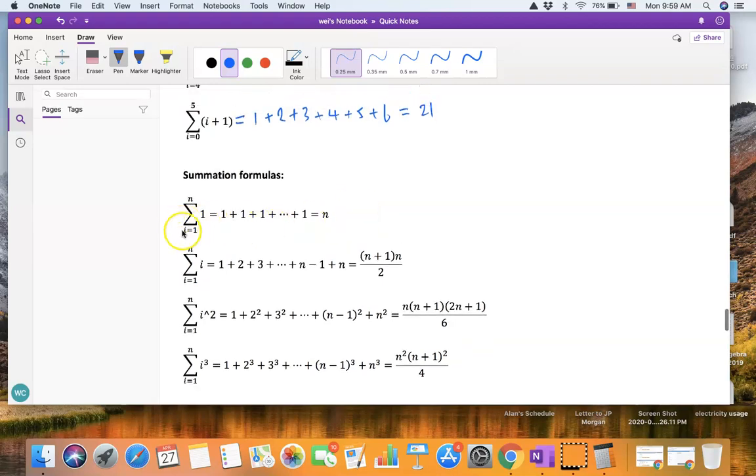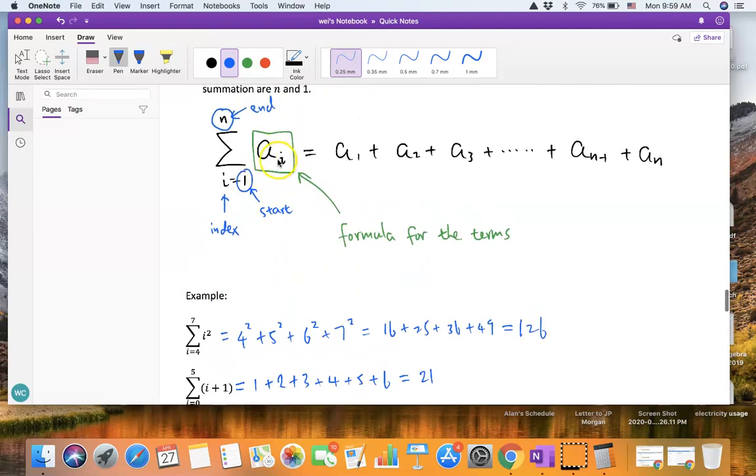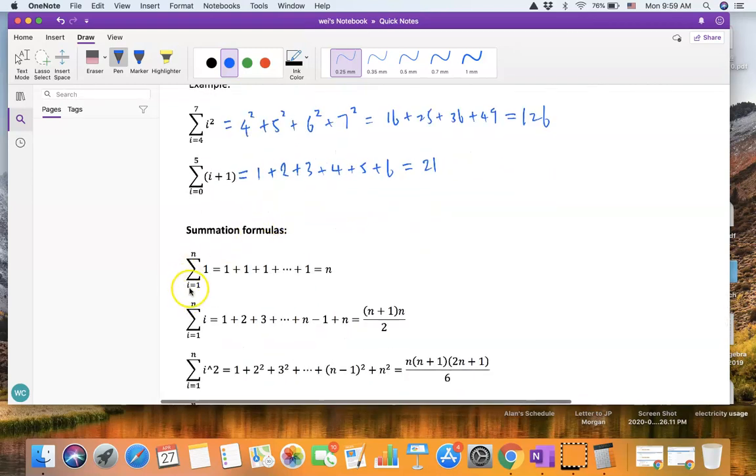The first formula is if we have a sigma notation where the formula of a_i is 1. So this means a_i is a constant equal to 1, like here, the sigma of 1 where i goes from 1 to n.